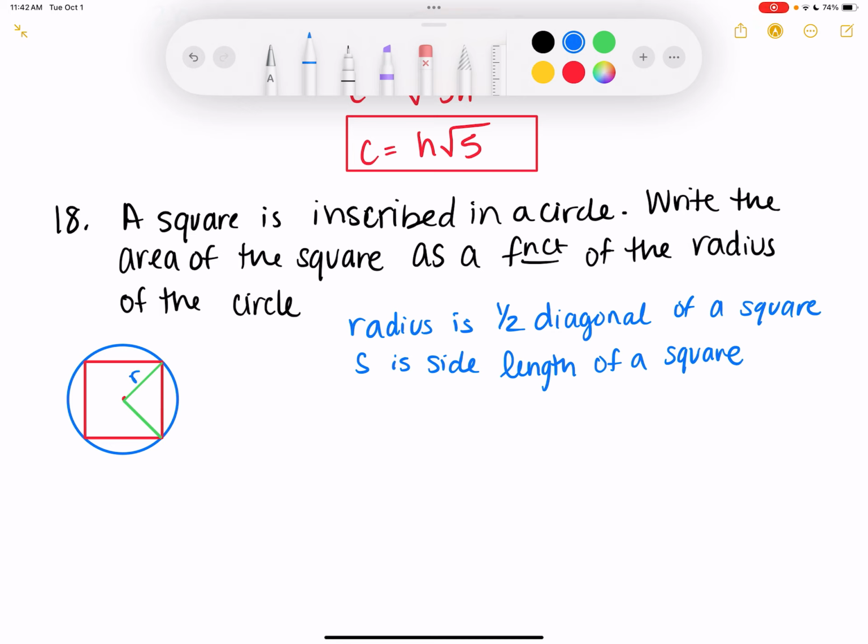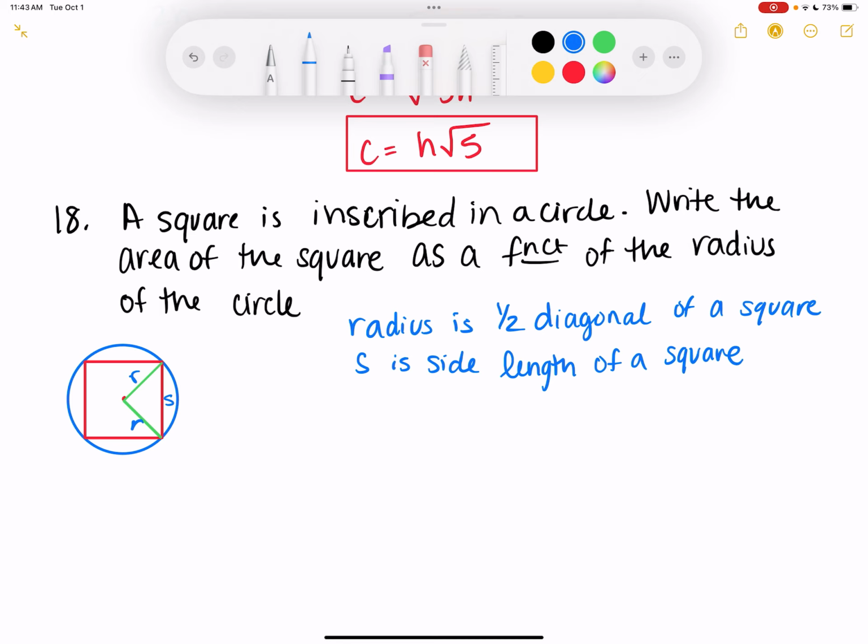What do I know about this triangle? The two sides are both radii, so this is also a radius. What else do I know? Oh, that is a 45-45-90 triangle.